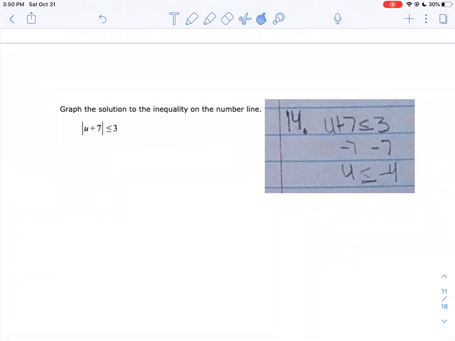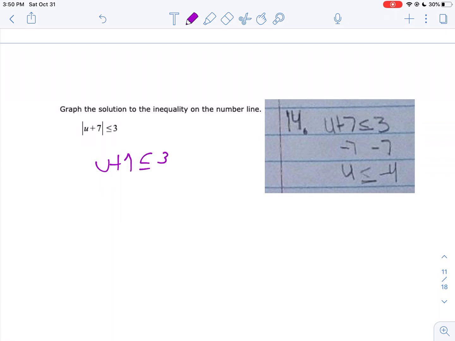Okay, notice what I did here. You have half the problem right with absolute value, because you are right. If we have the absolute value of u plus 7 is less than or equal to 3, that means u plus 7 is indeed less than or equal to 3.